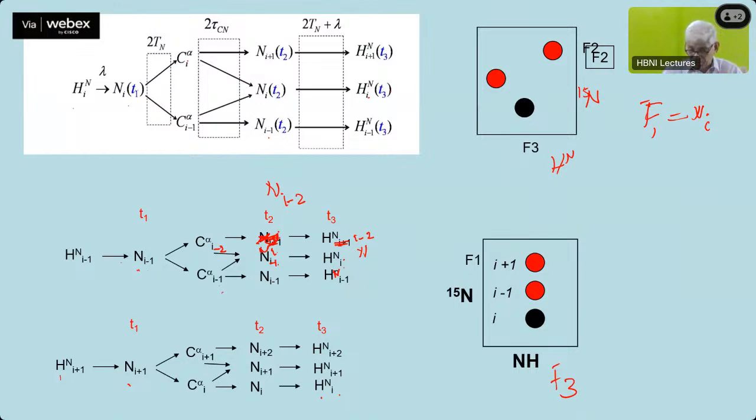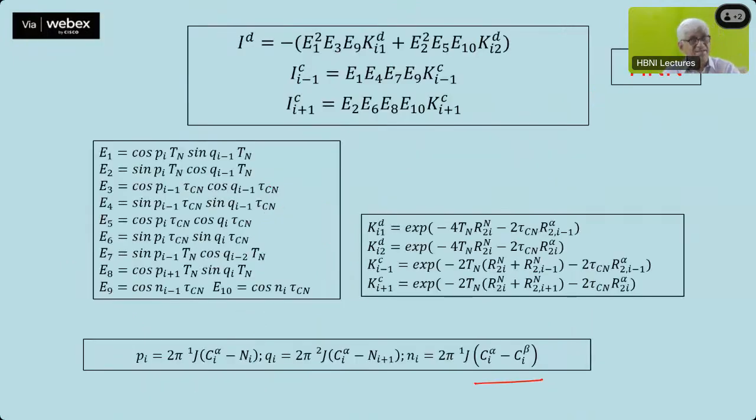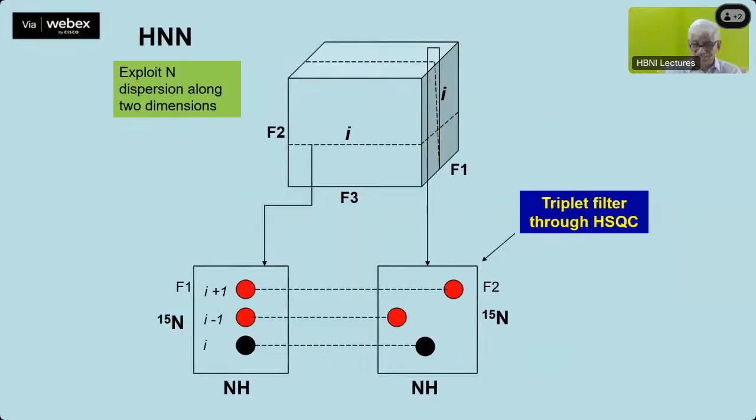This is so for most residues, except when there is a glycine. Why? That is because of this coupling constant. The C alpha C beta coupling constant is not there in the case of glycine. Therefore, anything neighboring the glycine will get affected by this, especially on the I minus 1 side. So once again, I put the same thing in a schematic manner here.